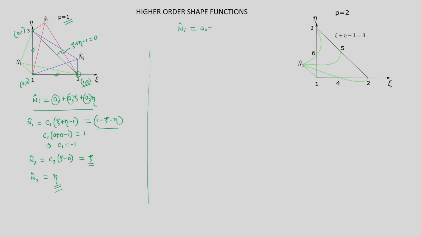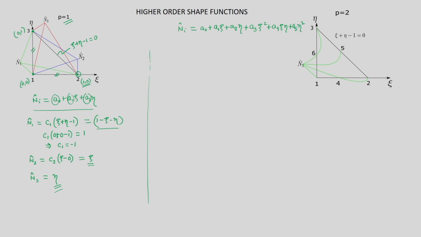Those are A0 plus A1 xi plus A2 eta plus A3 xi square plus A4 xi eta plus A5 eta square.